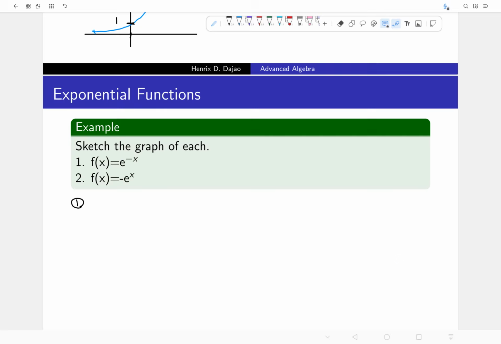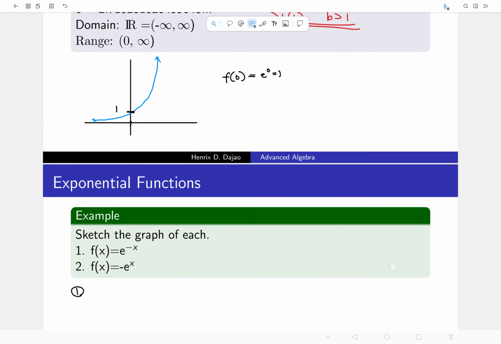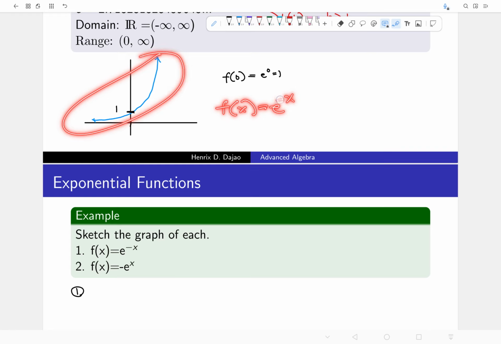All right, so if x is negative, we already knew that the graph of f defined by f of x equals e raised to x is this one. So what happens now if this becomes negative? That's the question.